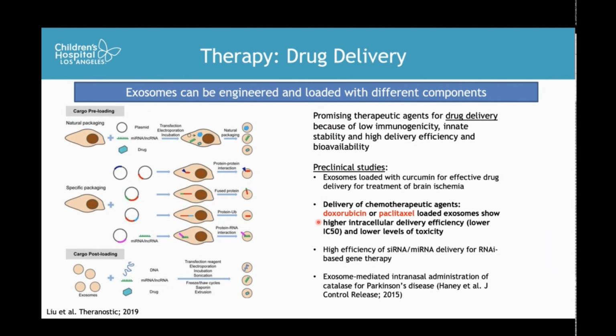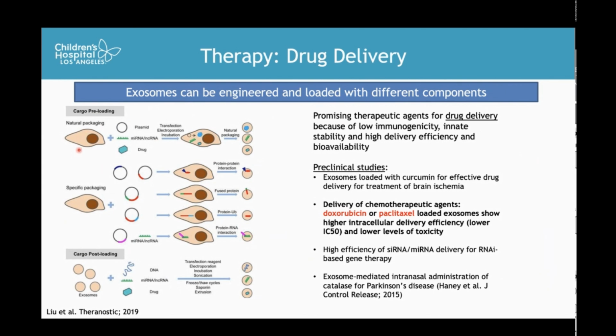directly into the cells. Another application is, for example, utilizing EVs for the delivery of siRNA, for RNA-based gene therapy. In general, EVs can be engineered, they can be loaded with different components, and there are a few different ways to do that, either by preloading the packaging cells.